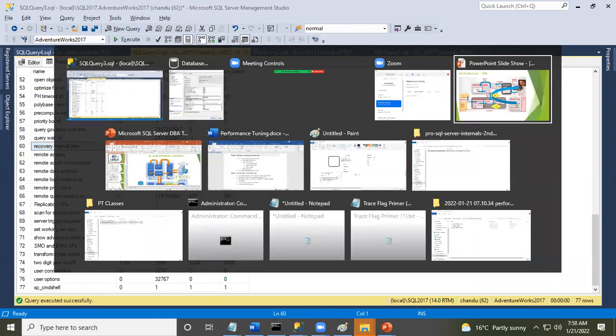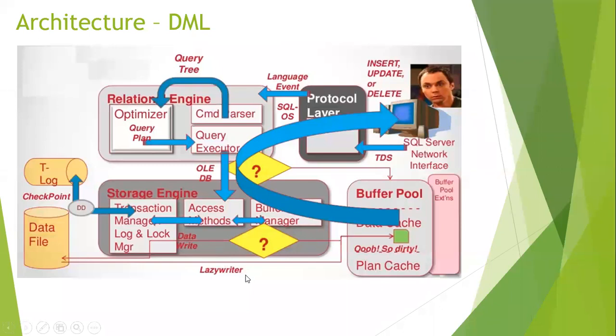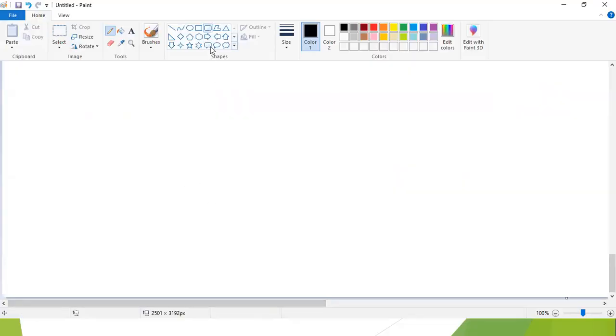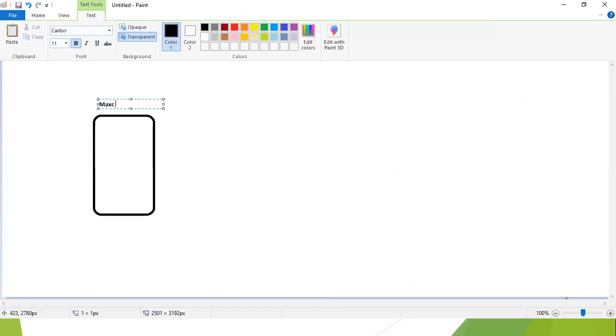That is checkpoint. Now, Lazy Writer. What exactly does it do? Let's say there is a memory pressure. I will discuss memory more later, but for now understand that memory is required for SQL Server. Let me consider a simple example.